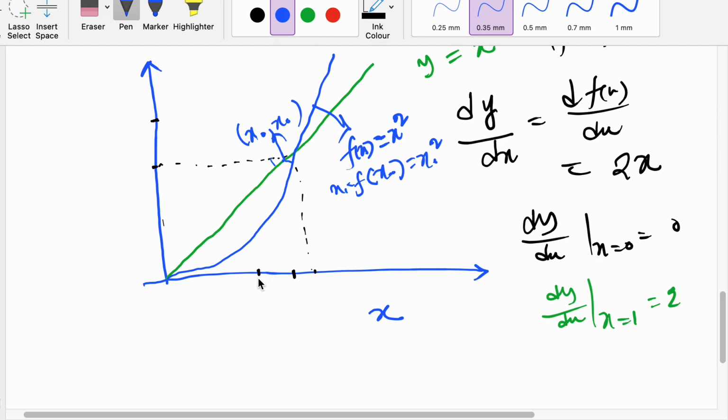So from x0 we got these 2 points. This will be x1. Okay, sorry, let me bring back what we have done again.